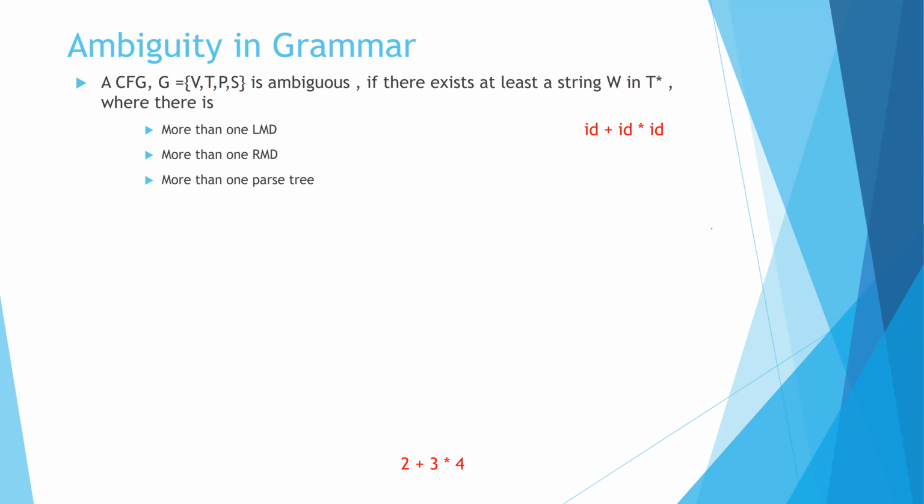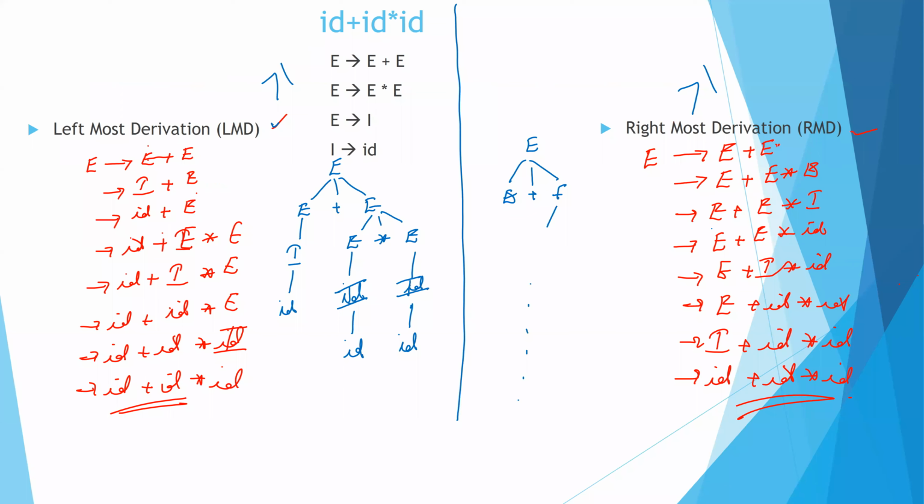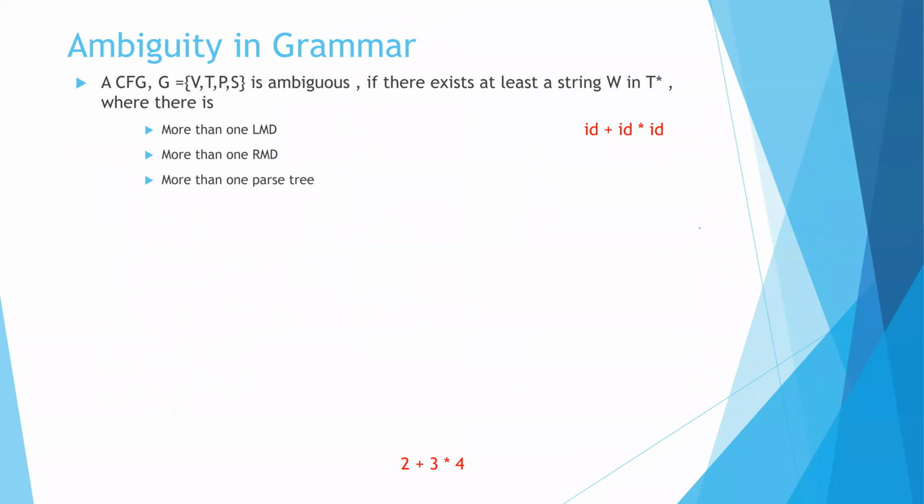We will go on to a new topic called ambiguity in grammar. As you all know, the word ambiguity means more than one. You say that a context-free grammar is ambiguous if there is at least one string for which you can have more than one LMD, or more than one RMD, or more than one parse tree.